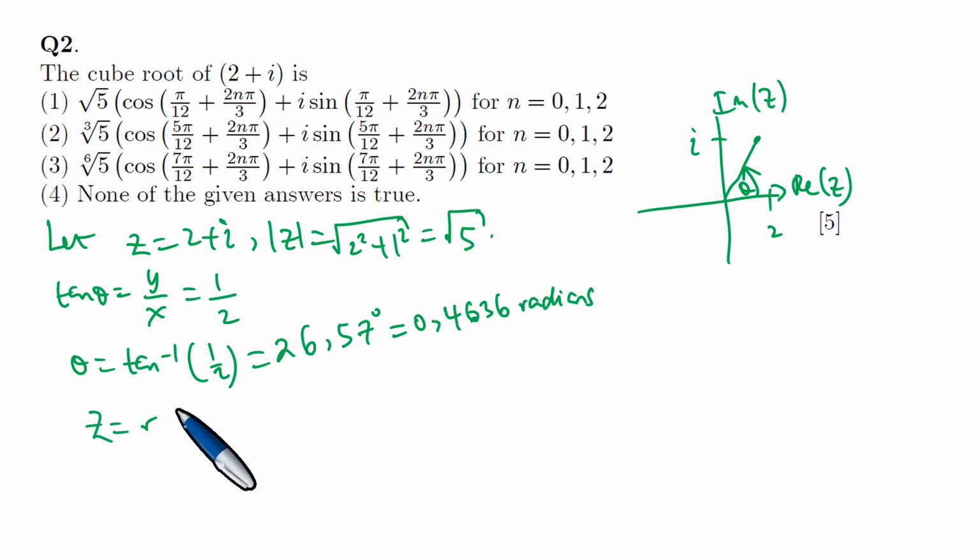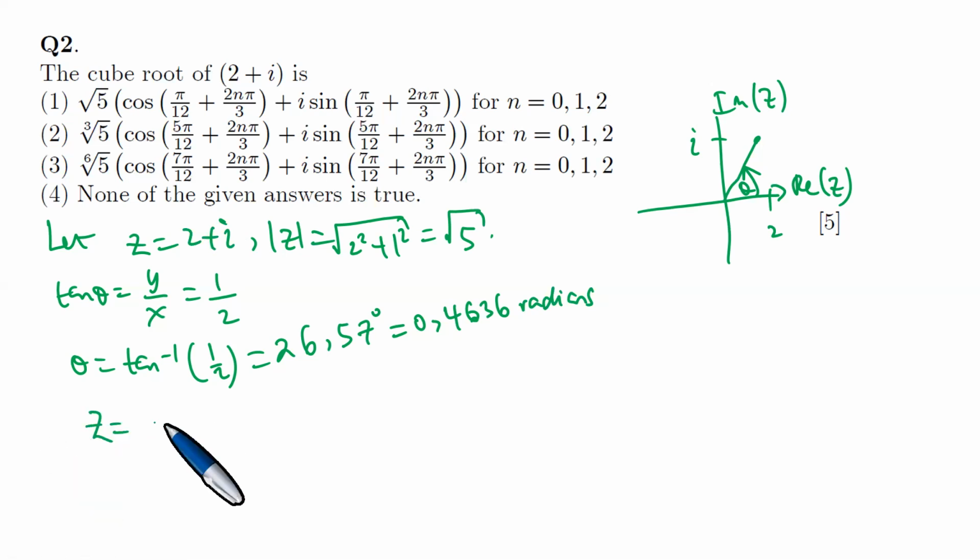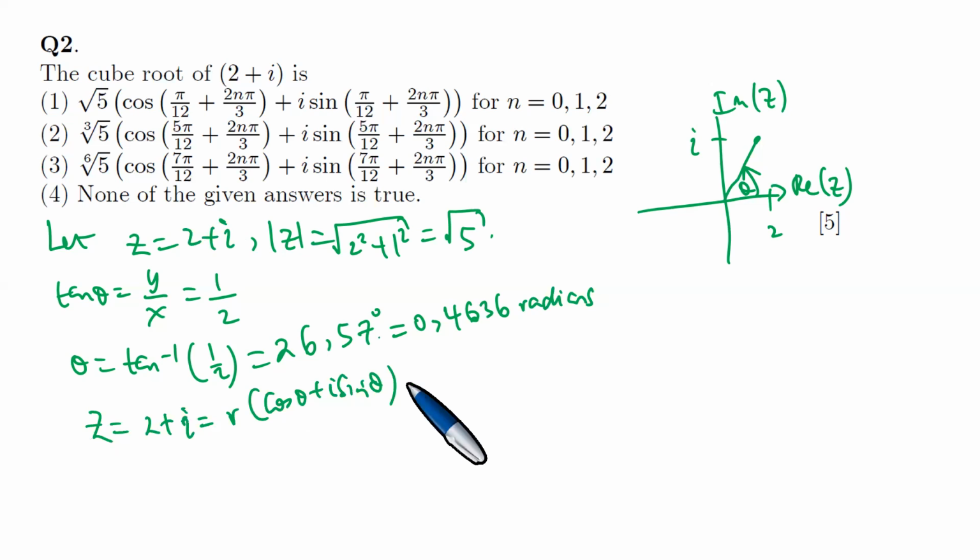The complex number 2 plus i can be written as r into cosine theta plus i sine theta. What is r? We found r to be the square root of 5.